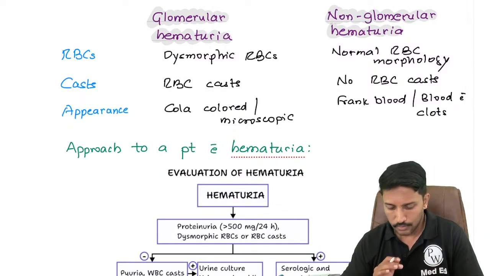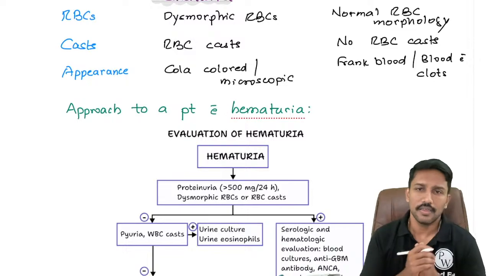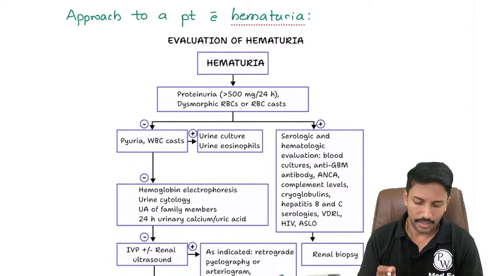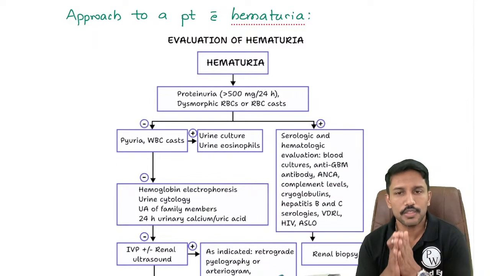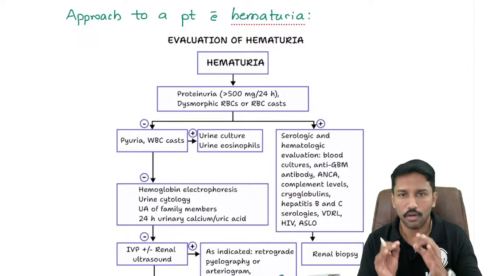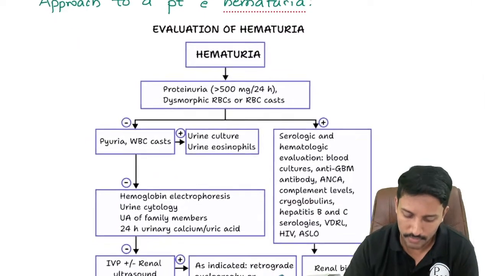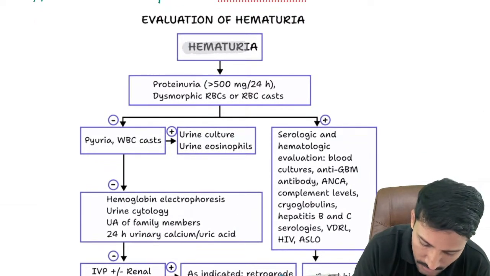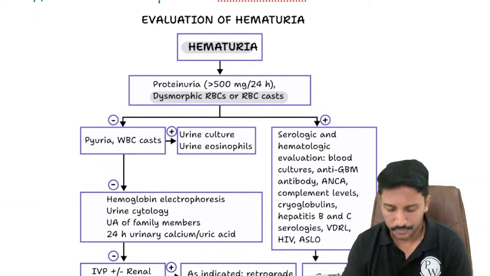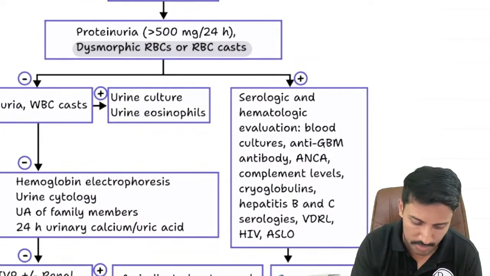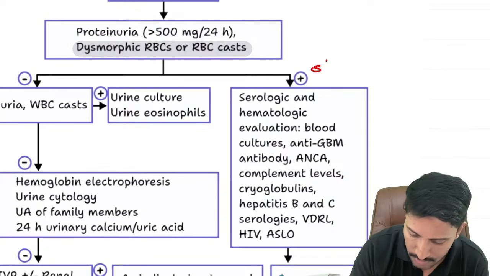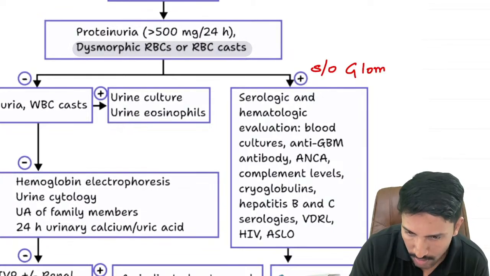Okay. So now, how will I approach a patient presenting with hematuria? Again, it is very simple. Step number one is to differentiate whether it is glomerular or non-glomerular. That is why Harrison's algorithm starts with whether there are dysmorphic RBCs or RBC casts present. If they are present, it is suggestive of glomerular hematuria.